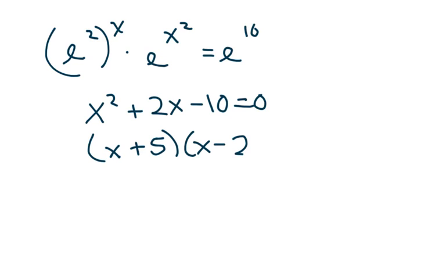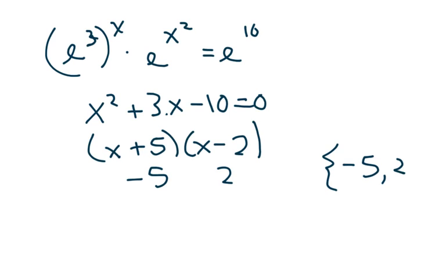This should be 3 right here. So I'm going to change this to 3. Let me make a note on this one to double check. Yeah, I just wrote it down wrong. Alright, and then so our solution set is negative 5 and 2. And you write it like this. This is set notation with the little brackets.